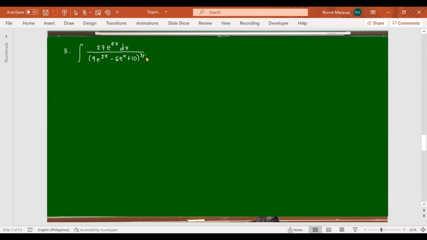First, let us express the expression inside the quantity to the 3/2 in terms of either a squared plus u squared, a squared minus u squared, or u squared minus a squared, whatever form will come out.